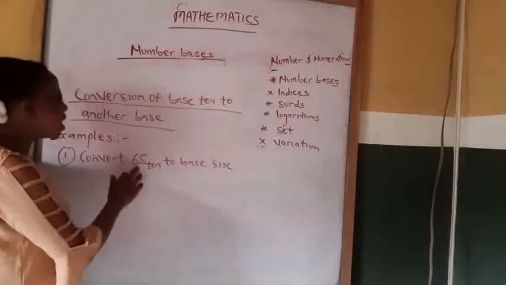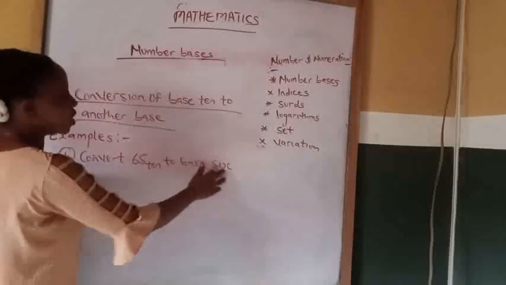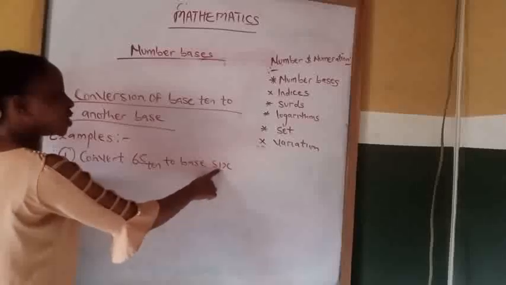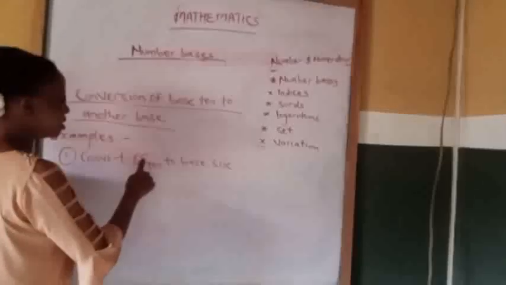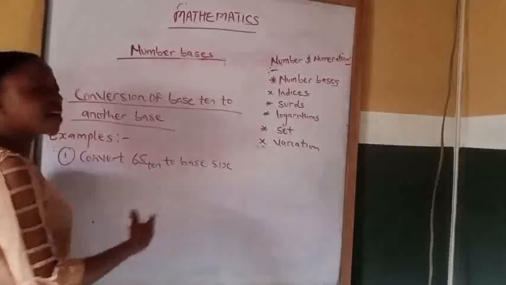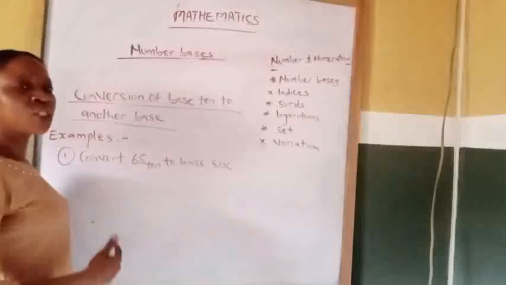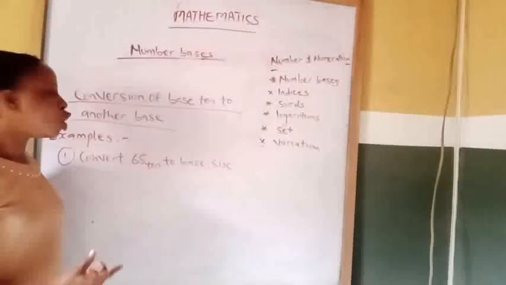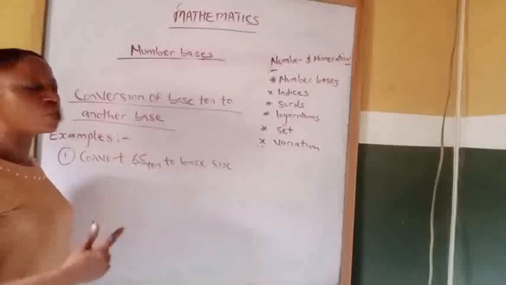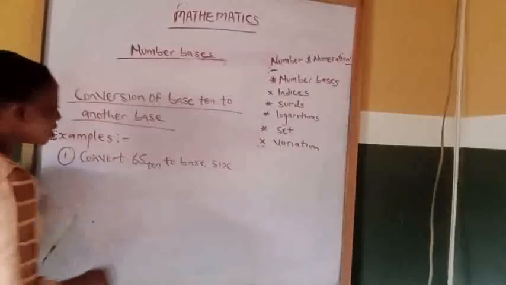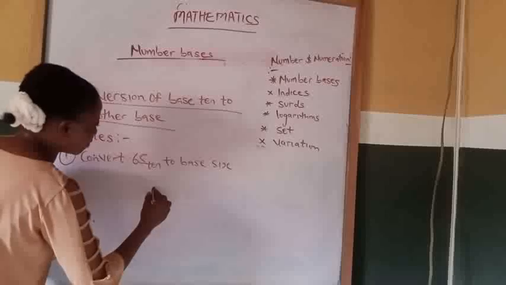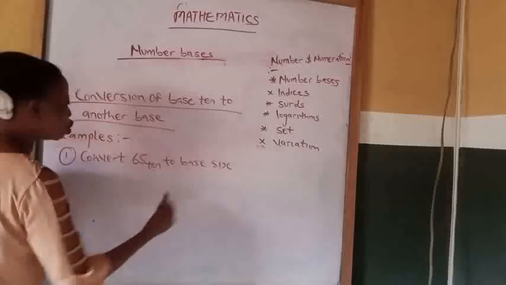So to convert 65 base 10 to base 6, you use the new base, base 6, to divide 65, and at every stage you write your remainder.